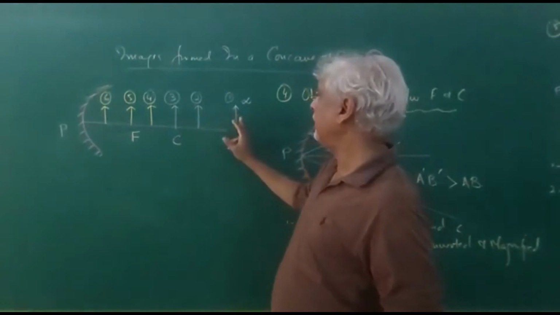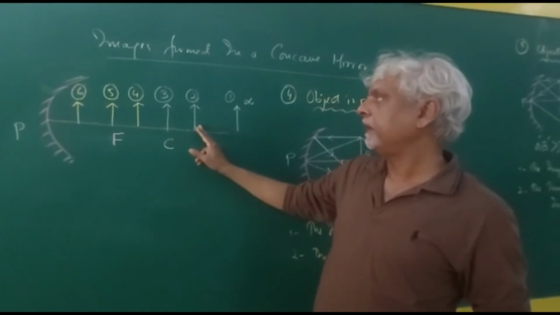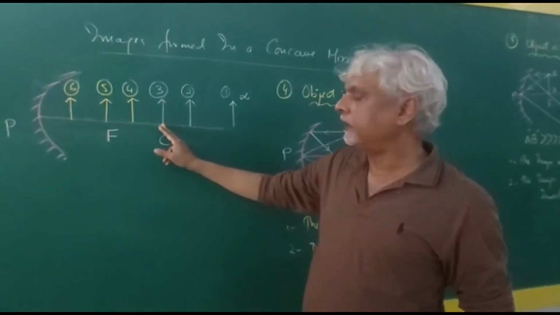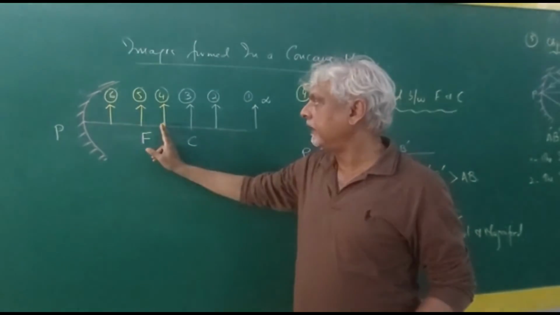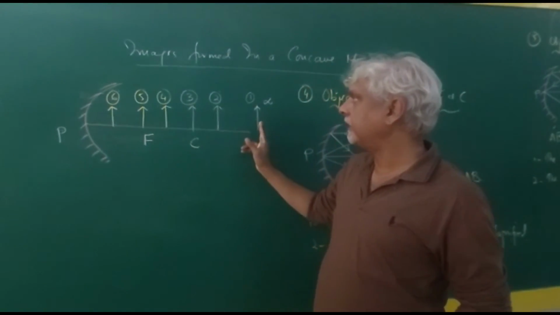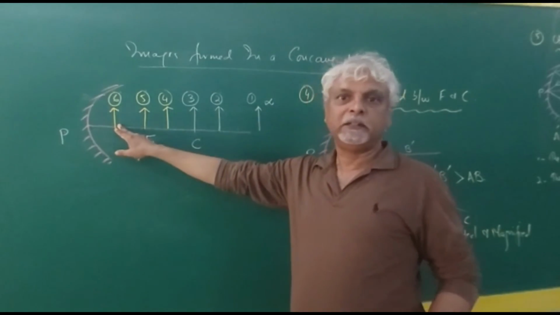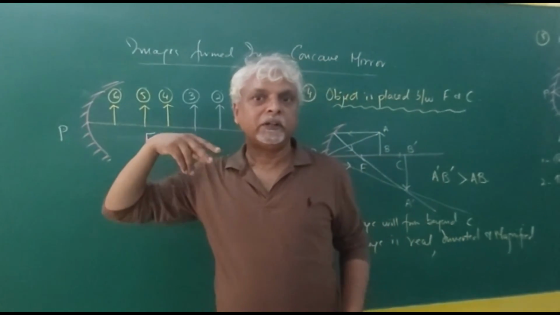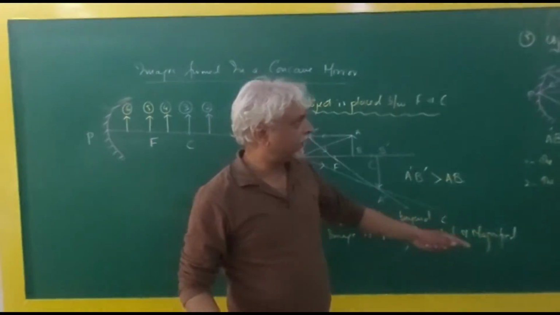You saw that at first the image was very diminished, very small, then it increased in size. It was still smaller than the object, then the same size, and gradually the size kept increasing. A real and inverted image was formed from position 1 to 5, and finally when we placed the object between the pole and the principal focus, we got a virtual image. It was erect and magnified, as we just saw.